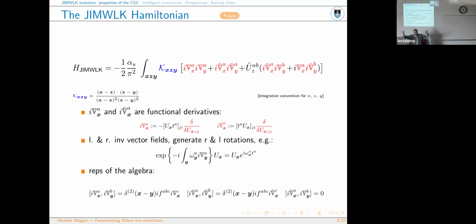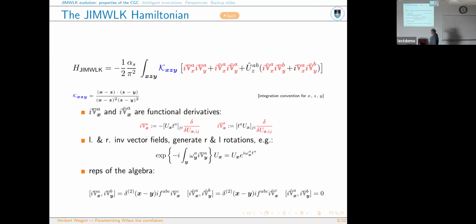So there's a lot of geometry in the background that you don't need to know if you want to do the practical calculation, but that helps illustrate what is actually going on. So this is actually what this operator does. It moves these Wilson lines around in geodesic directions and reshuffles the values of these Wilson lines in a way that connects different positions, because these operate on fields that have different arguments associated with them.